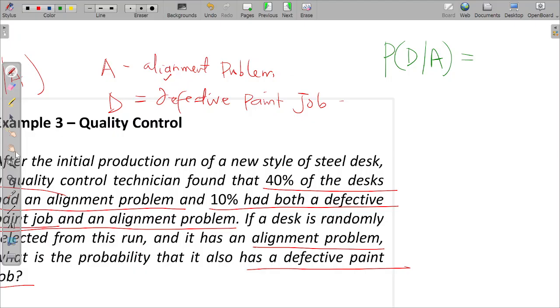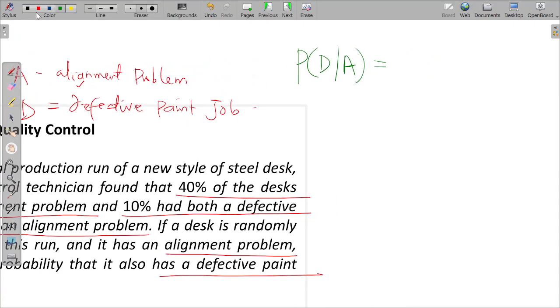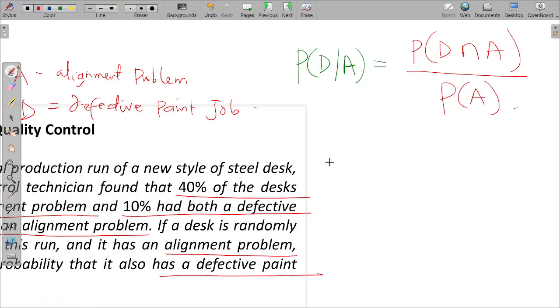The probability will now become the probability of D intersect A all over the probability of A. You need to know how to write that first. If you write it the other way, you'll be missing a lot of things. You are not given D, you are given A. Please know what you are given so that you can write your conditional probability.